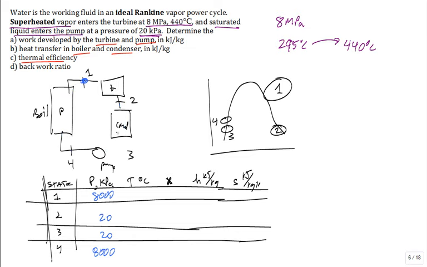Okay, I can't erase. Then what we do is we look for information that helps fix the state. Sometimes we know the temperature. This temperature was given to us as 440. True.